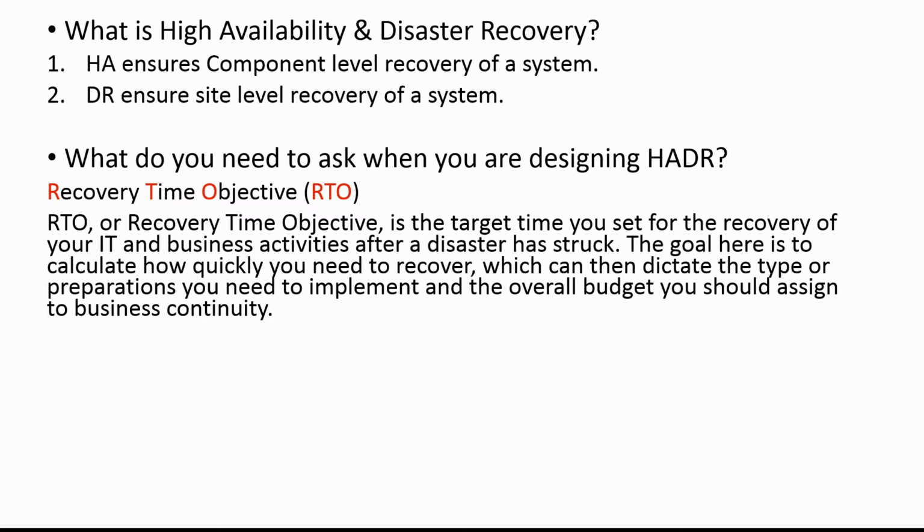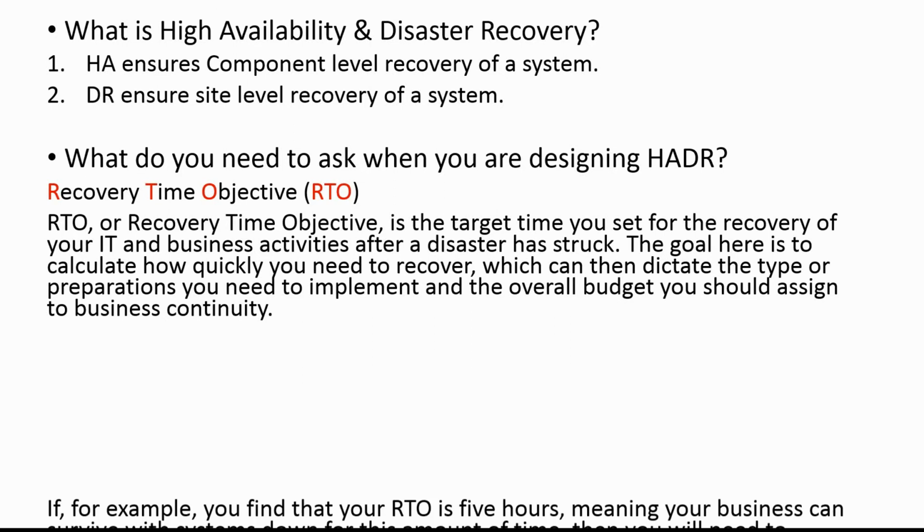For instance, I would say my RTO is 1 hour. So within 1 hour, the system has to be back online. That is the time that you define upfront, and the system should be capable of being back online within that time. That's the recovery time objective.